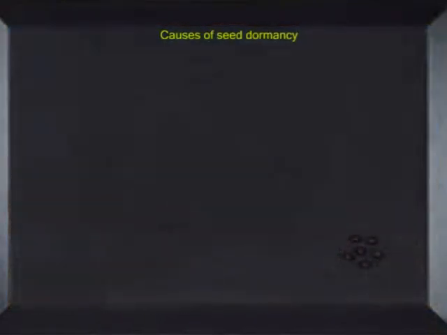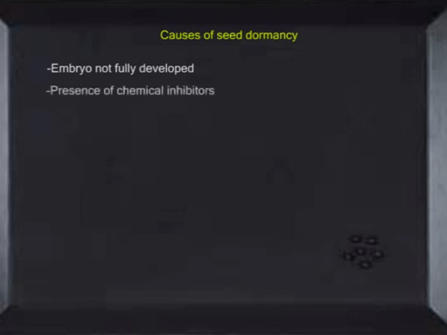Several factors cause seed dormancy, and they include: the embryo may not yet be fully developed; presence of chemical inhibitors that inhibit germination in seeds, for example abscisic acid; and very low concentrations of hormones like gibberellins and enzymes, which reduces the ability of seeds to germinate.